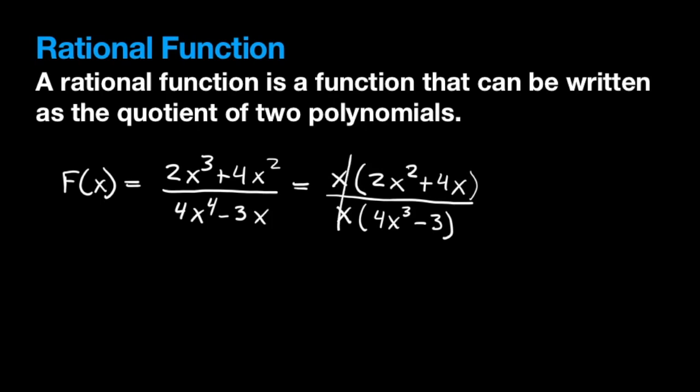These two x's cancel, so the polynomial that we want to deal with is 2x to the second plus 4x over 4x to the third minus 3.